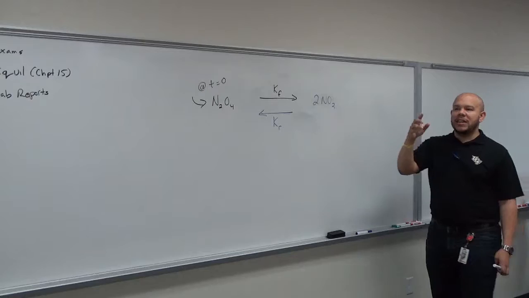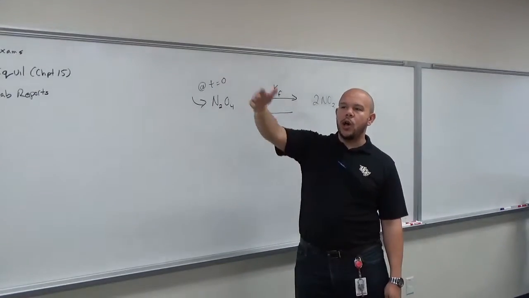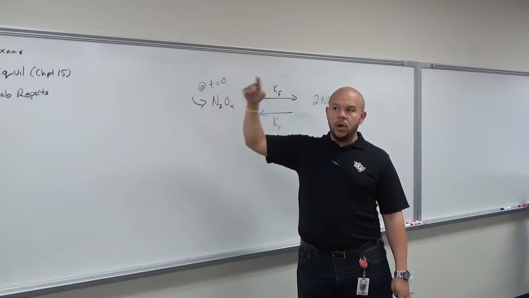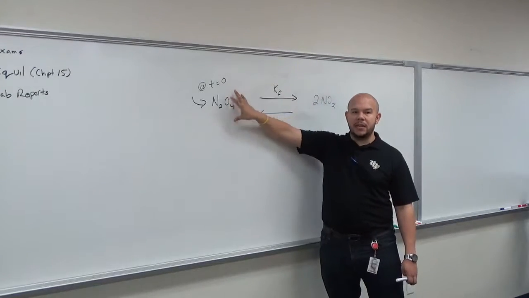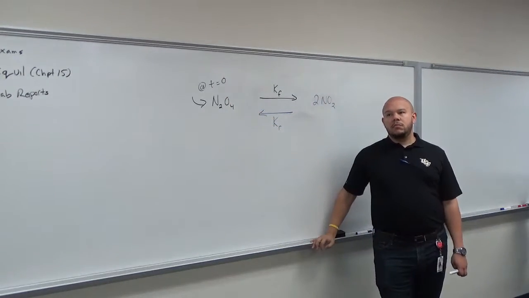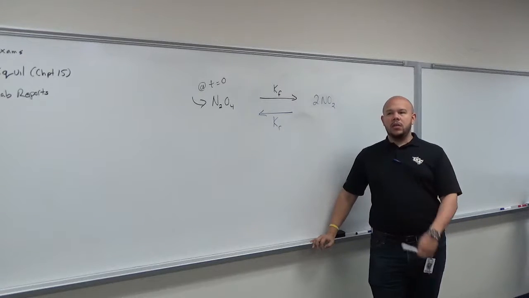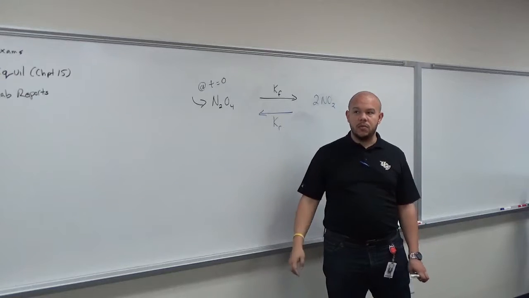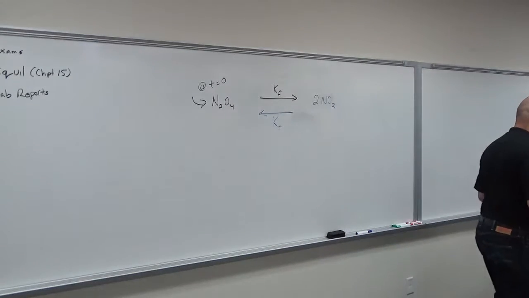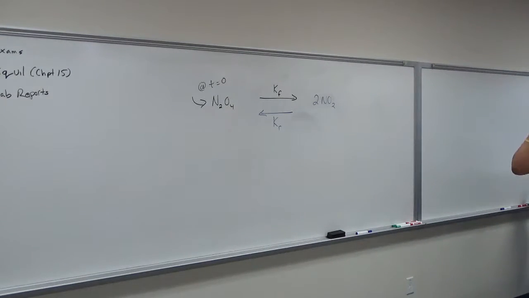Okay? Now what they say is as time goes along, what do we see happening to the concentration of our reactant? What's happening as we go to the right, or as time goes on? What's happening to our reactant? Decreasing. The concentration is decreasing.